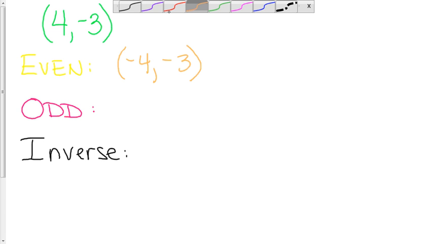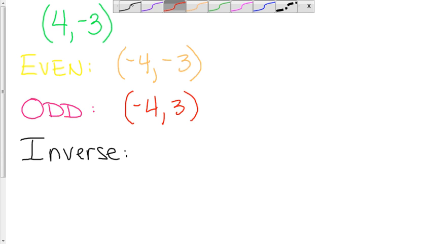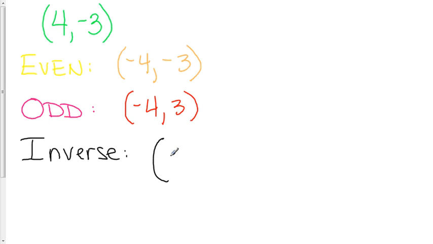If the function is odd, then it would contain the coordinate negative 4, positive 3, because you switch the sign of both things. If it is an inverse point, then it becomes negative 3, 4, because you just switch the x and y.